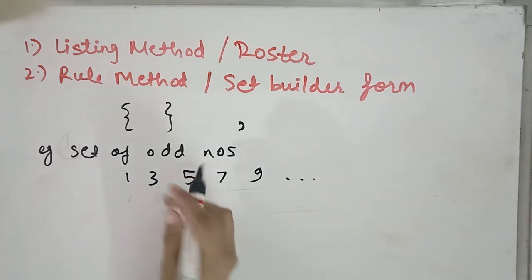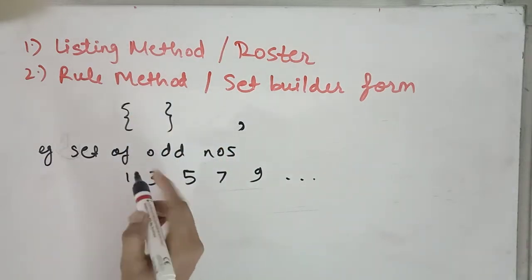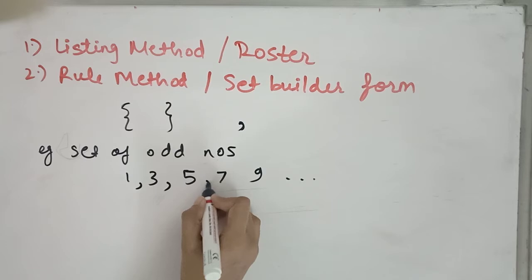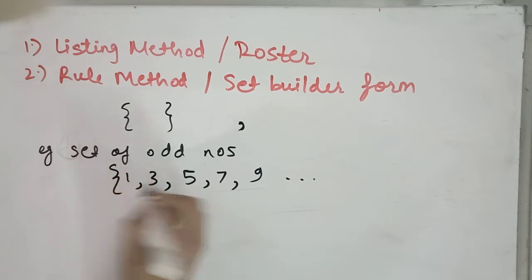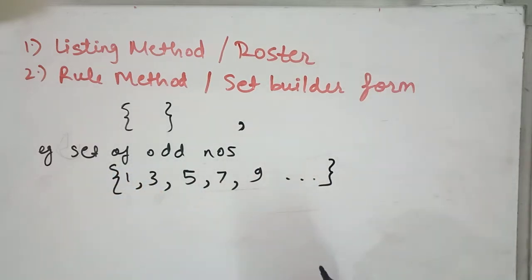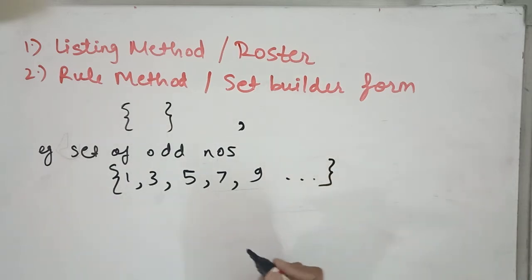So to represent it in set form, each element is separated by a comma and it is written in curly bracket. The elements are represented in between the curly bracket.